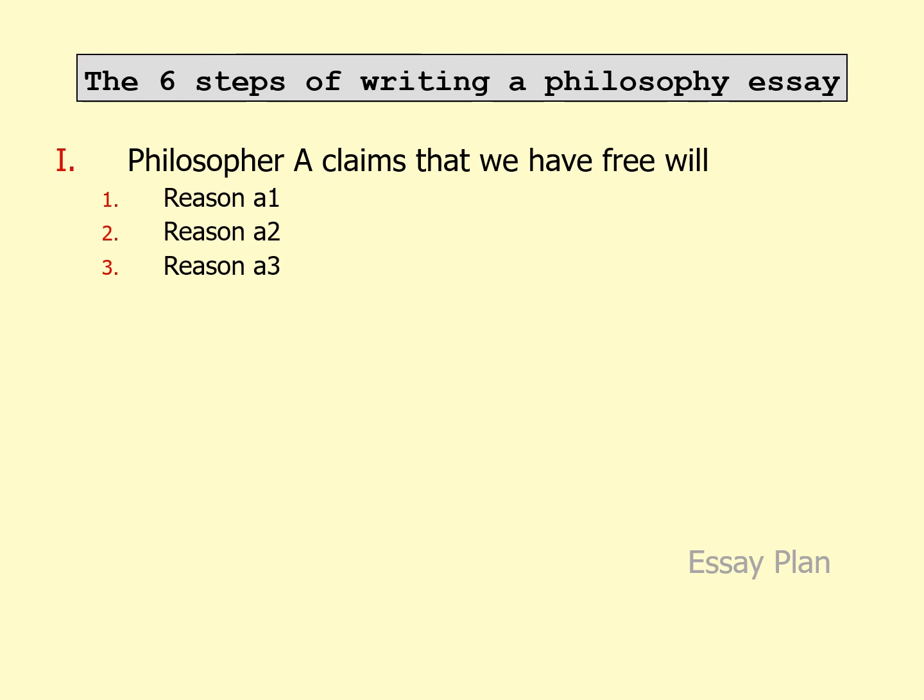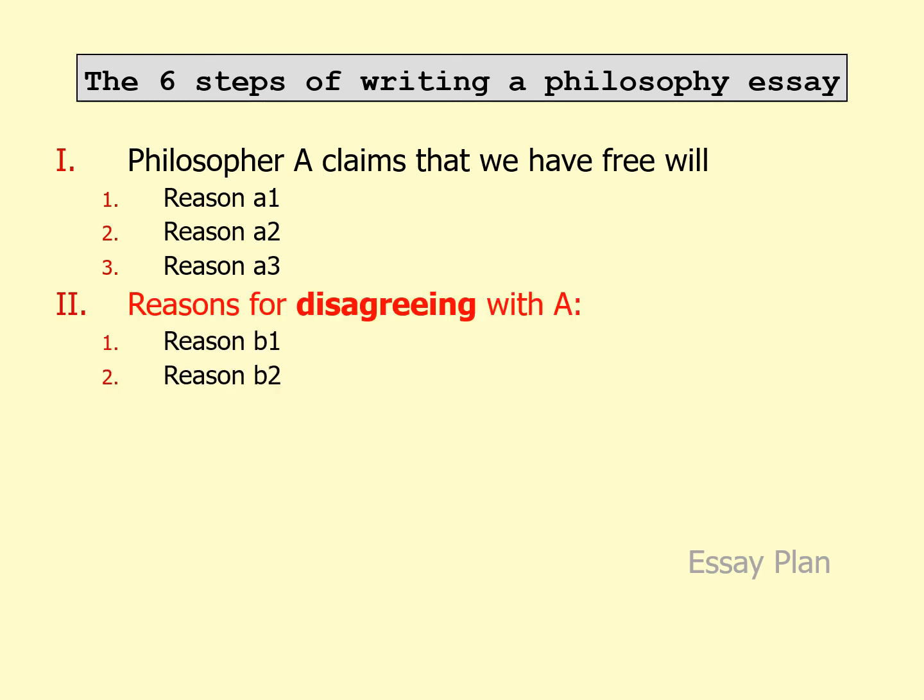Let's try the opposite. Imagine that you disagree with A. In the earlier, simpler example, I said that the essay could consist of you disagreeing with the position, and that would be all. But for a student essay that is more in line with philosophical analysis, what you would do is start with the opposite of the position you hold.